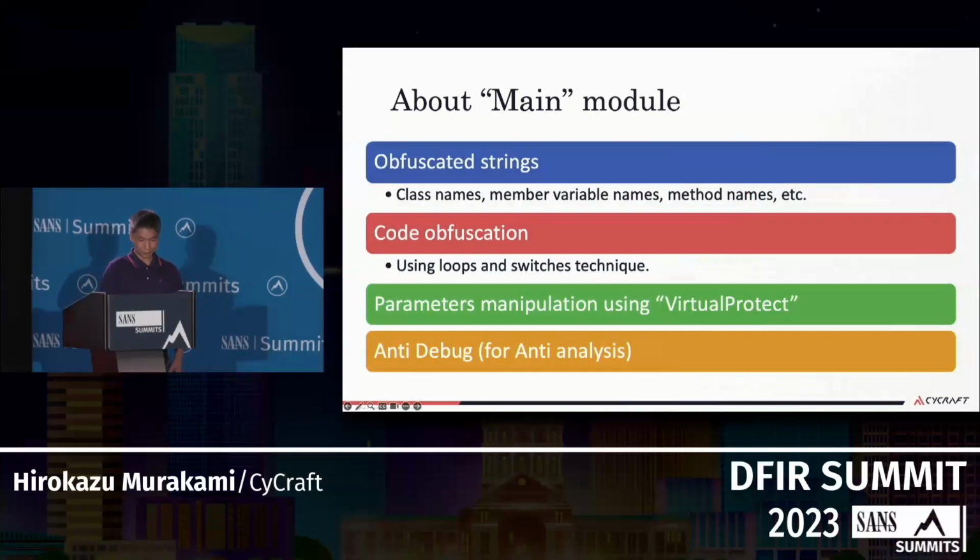I'll briefly explain the analysis results. When the malware is executed, the main module is executed first. The main obfuscation technique uses code with loops and switches. The code in main launches a thread for debugger detection.